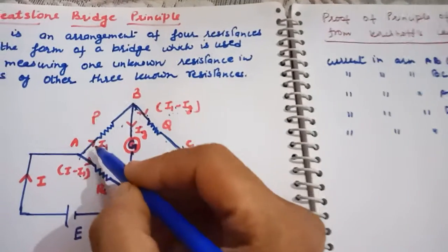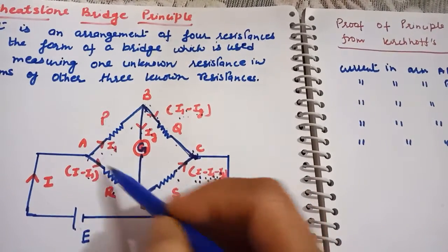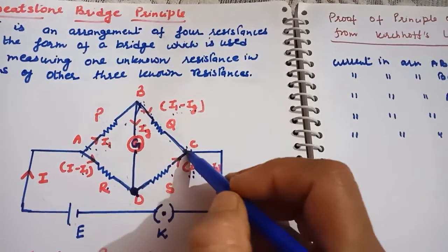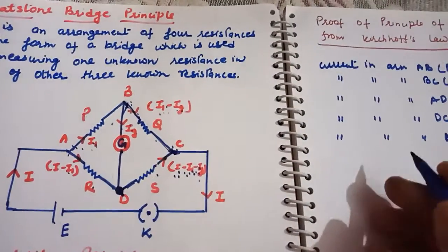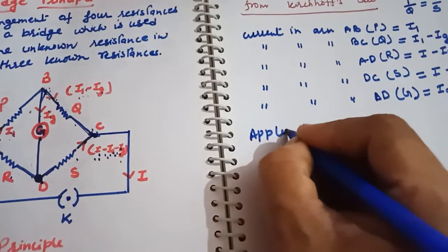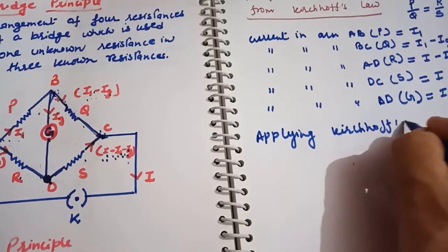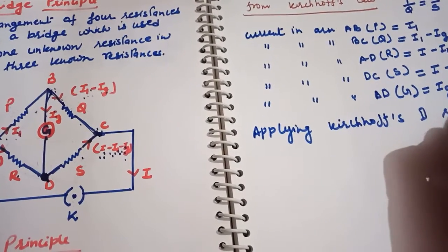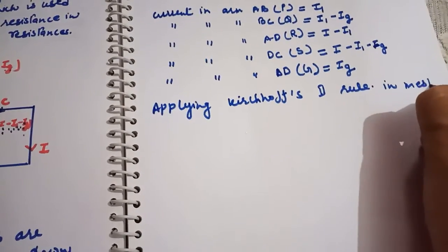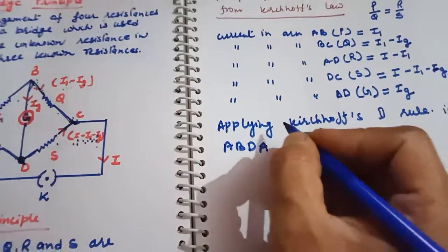Suppose this is one closed mesh of the bridge, A, B, D, A, and this is another closed mesh, B, C, D, B. So applying Kirchhoff's second rule in mesh A, B, D, A. Okay.